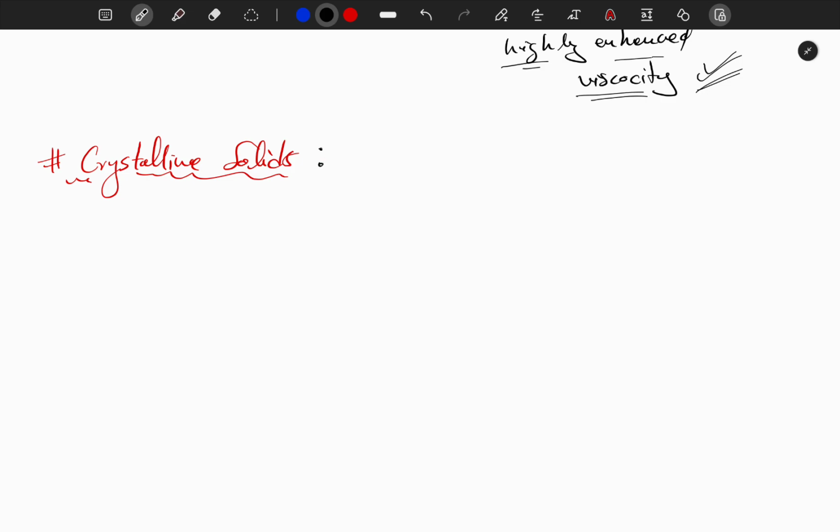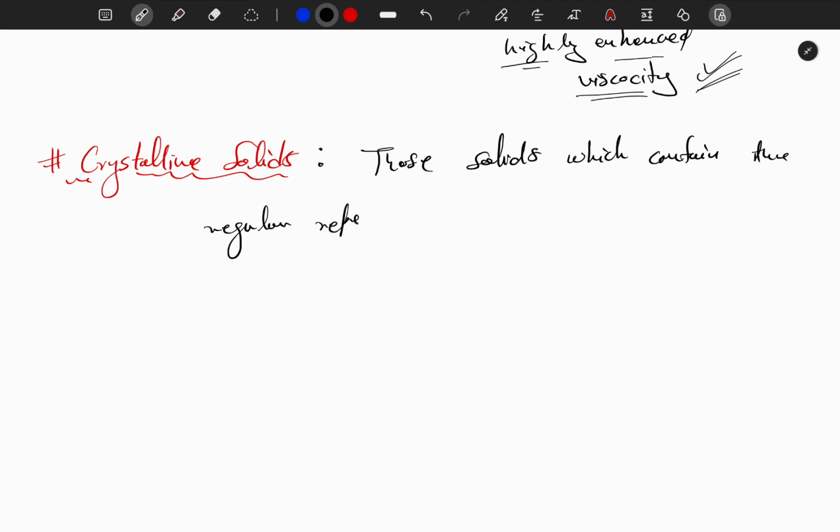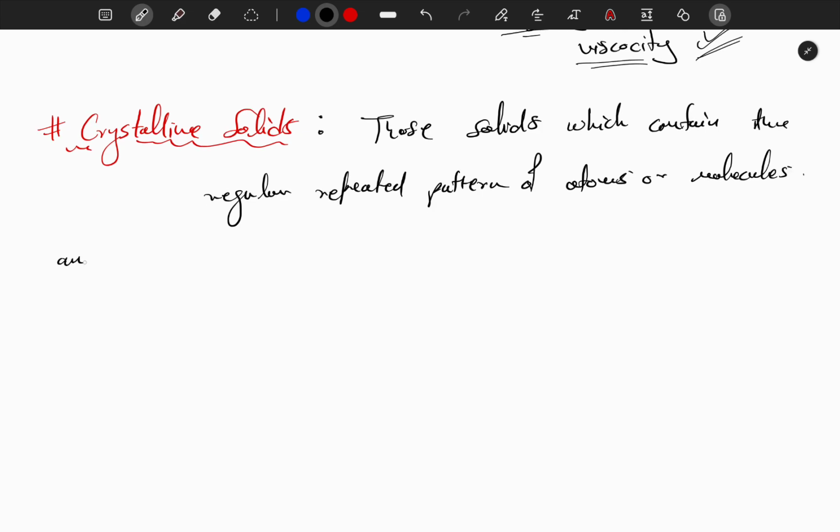So crystalline solids can be defined as those solids which contain a regular repeated pattern of atoms or molecules, and hence a long range order in their structure.